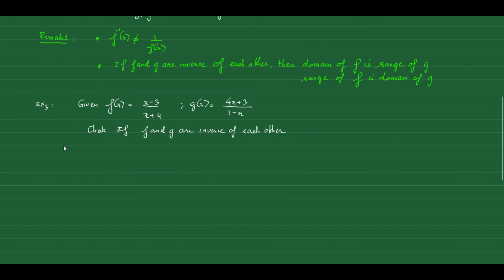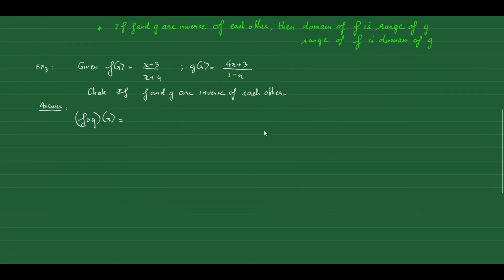So we're going to do the same thing as we did in example 2. We're going to compose those functions with each other. So let's compose f with g first, plugging g into f. So I have 4x plus 3 over 1 minus x, minus 3, over 4x plus 3 over 1 minus x, plus 4.